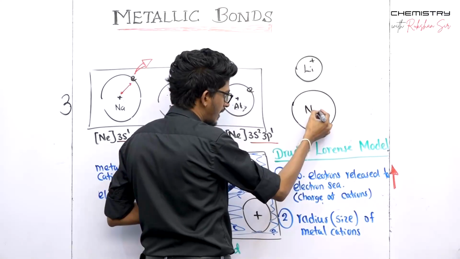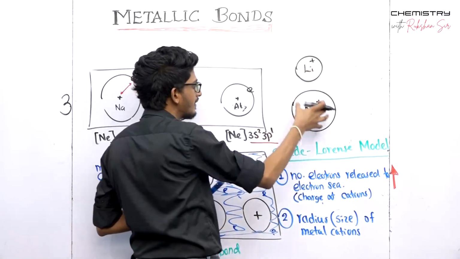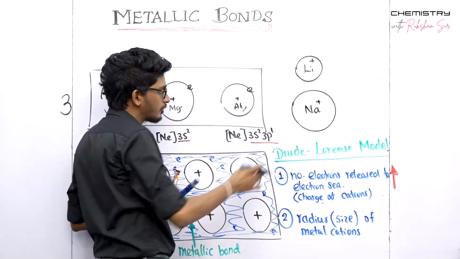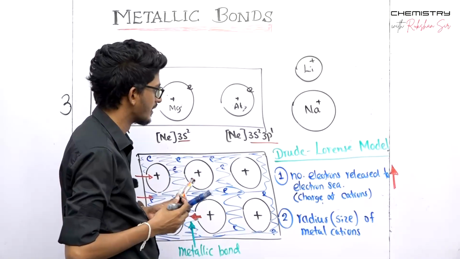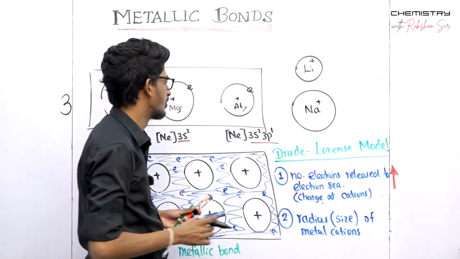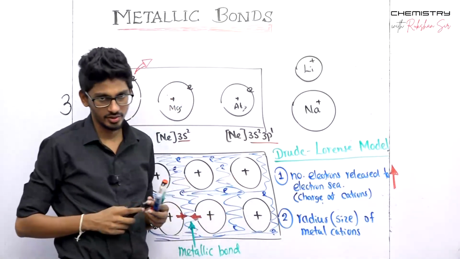Both are releasing one electron. But when it comes to size, Na+ is larger than Li+. Why is that? Because Na+ has 2 electronic shells, while Li+ has only 1 electronic shell.